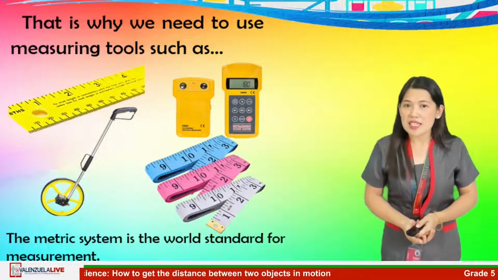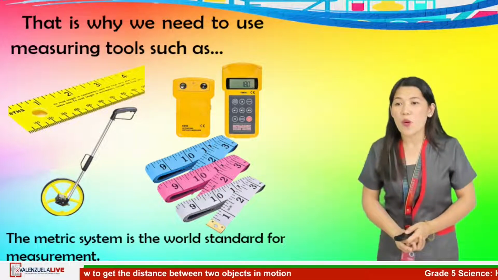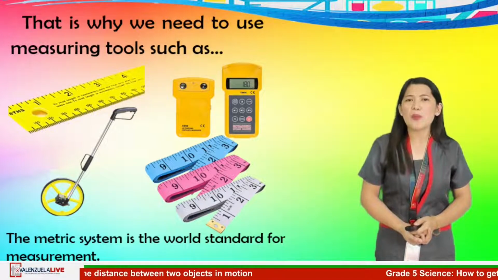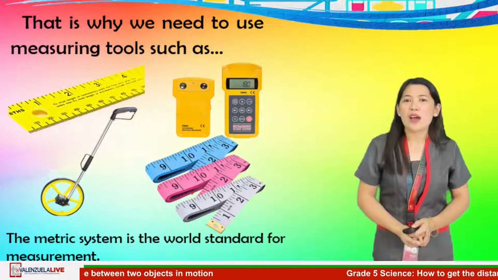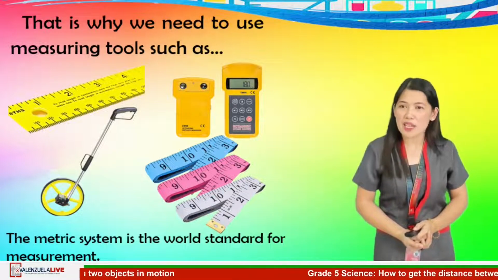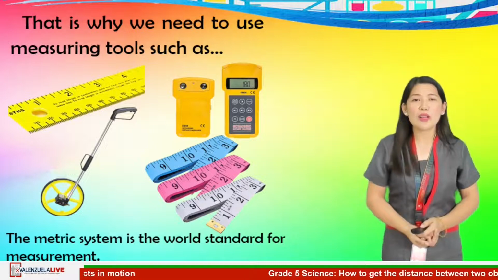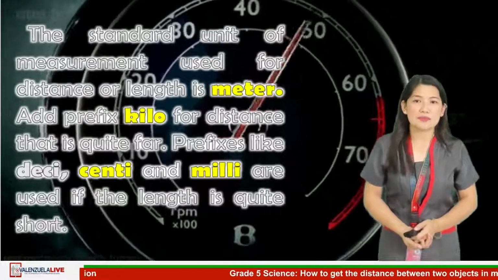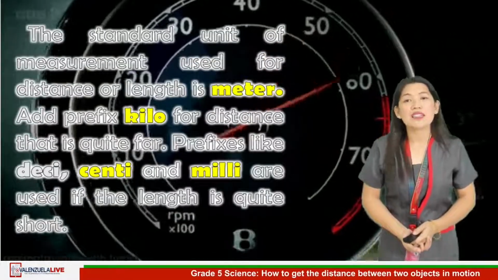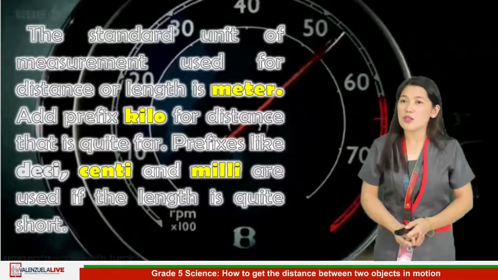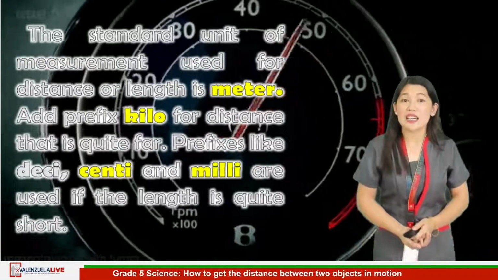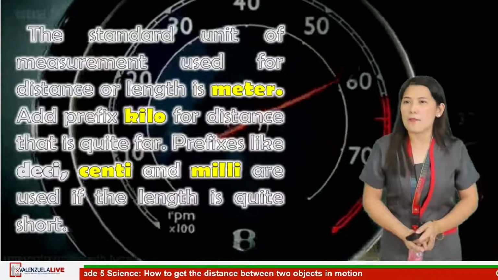The metric system is the world standard for measurement. If we have measuring tools, we also have measuring units. Always remember these, learners. The standard unit of measurement used for distance that is quite near is meter.